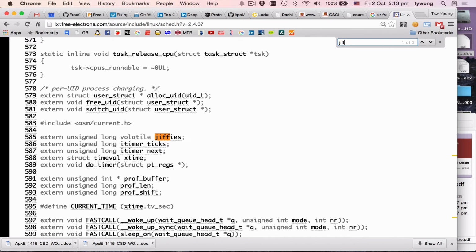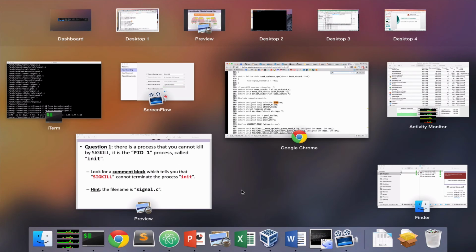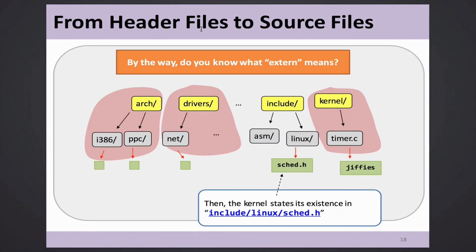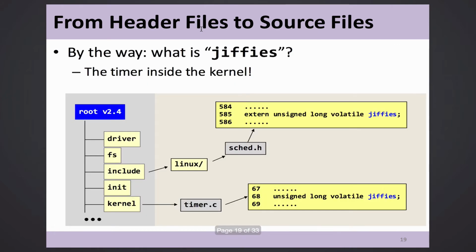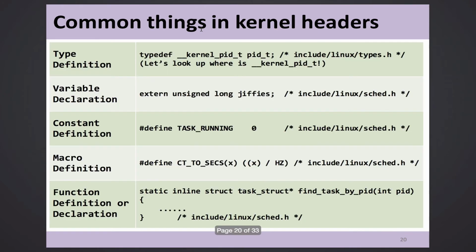This is the use of extern in the kernel, and you can use it in your big project. Two weeks later we will revisit sched.h because we will hack the scheduler. You will use this header file to understand the internals of a process, as well as the scheduler.